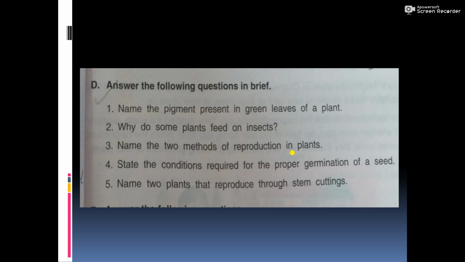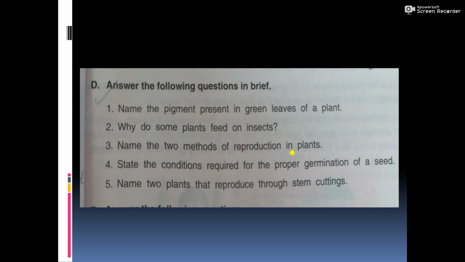Fourth question is, state the conditions required for the proper germination of seed. You studied what the conditions are: air, water and warmth. Warmth means a small amount of heat is required for the germination, and you can germinate the seed at your home and see properly, as per the instructions given in the book or related to your video.